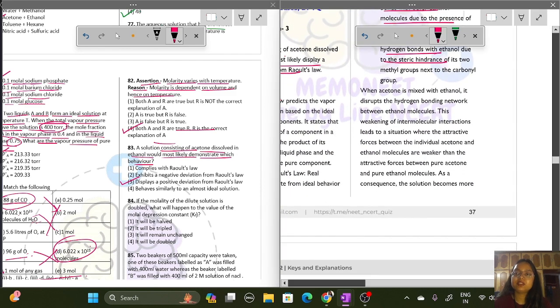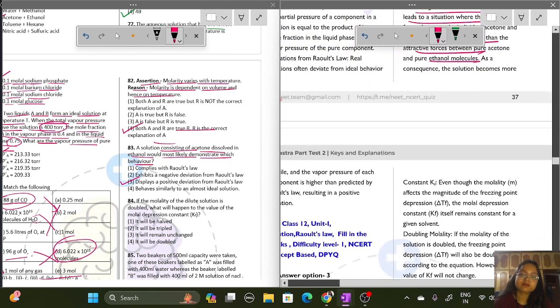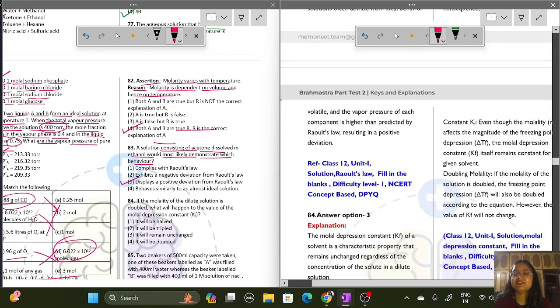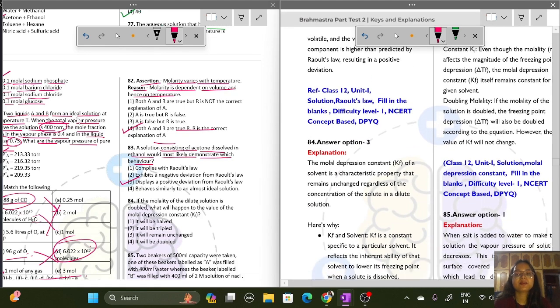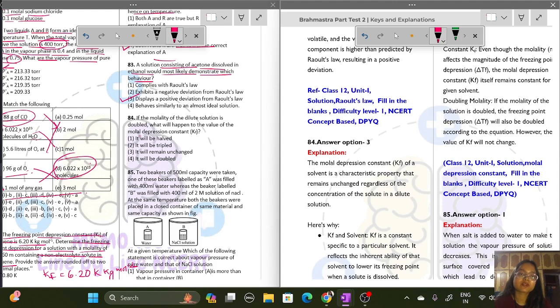So when acetone is mixed with ethanol, it disrupts the hydrogen bonding network between the ethanol molecules, weakening the intermolecular interaction. This leads to a situation where the attractive forces between the individual acetone and ethanol molecules are weaker than the attractive forces of the pure molecules. So this is the reason why a positive deviation is observed. You can read the full explanation about this question.